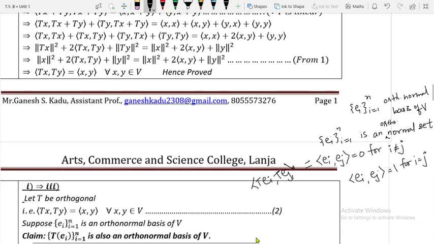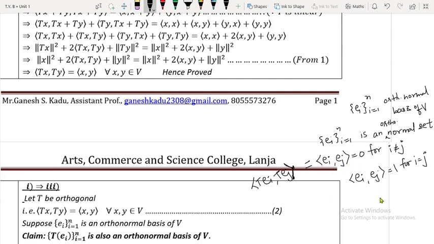Why can we do this? This is possible since T is orthogonal, so we are using this equation 2. Since equation 2 is true for all x, y belonging to V, naturally it will be true for ei and ej also.